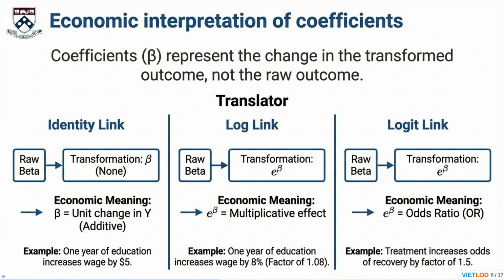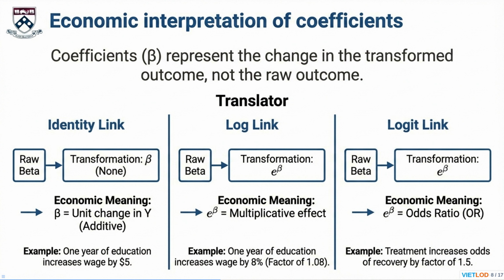When using a log link, the coefficient needs to be exponentiated. Here, e to the power of beta signifies a multiplicative effect, or for small values, an approximate percentage change. For instance, if a log link model shows a coefficient of 0.08 for education, it implies that 1 additional year of education is associated with an 8.3% increase in wages.